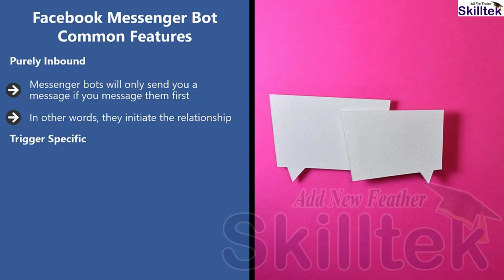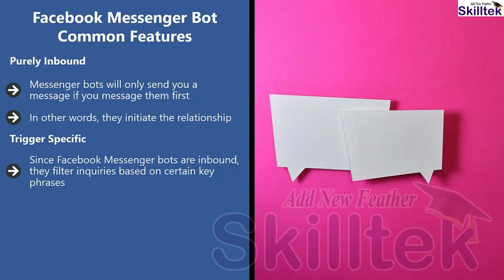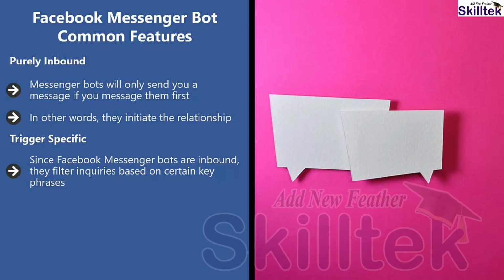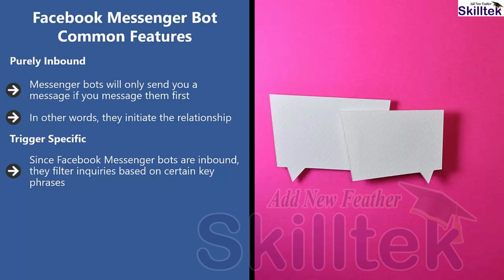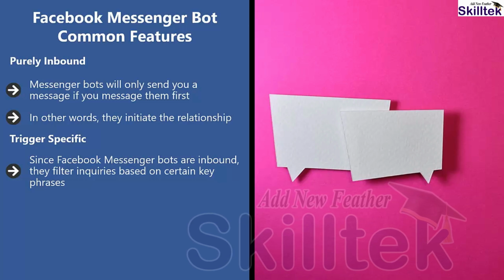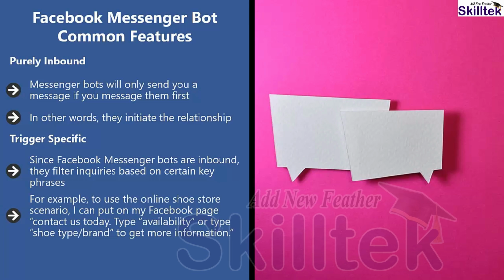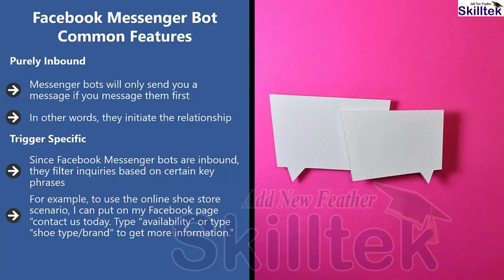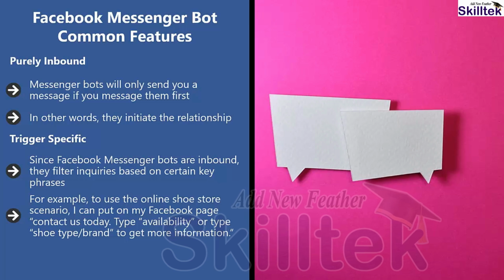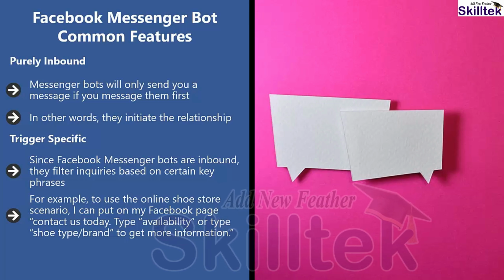Trigger specific. Since Facebook Messenger bots are inbound, they filter inquiries based on certain key phrases. In many cases, Facebook page operators would give a short menu of trigger words to potential customers engaging with their Facebook Messenger bot. For example, to use the online shoe store scenario, I can put on my Facebook page, "Contact us today, type availability, or type of shoe, type brand to get more information."